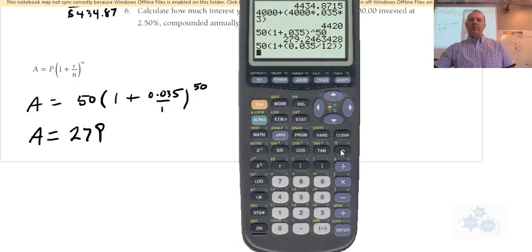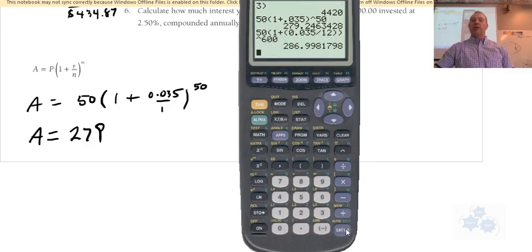And it's going to be to the power of what? What's 50 times 12? 600, thank you. To the power of 600. What do you think it's going to be? Let's see. $286. Now, that doesn't seem like much, but look at this.